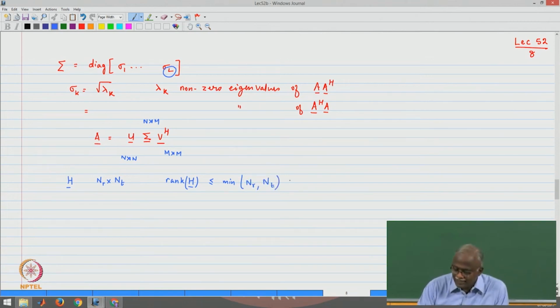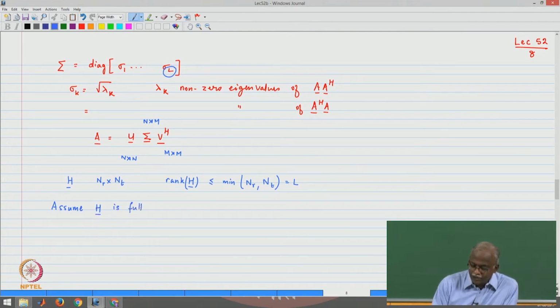So, this is what we refer to as the dimension L. We will assume that the matrix H is full rank, because we have assumed a rich scattering environment.